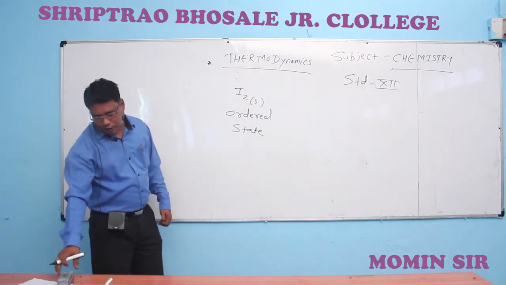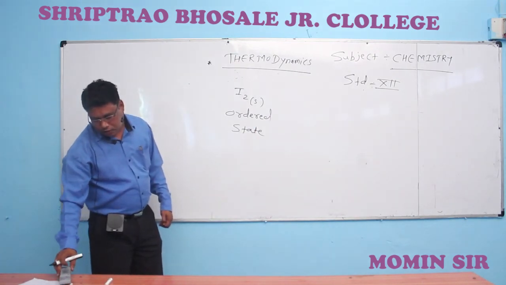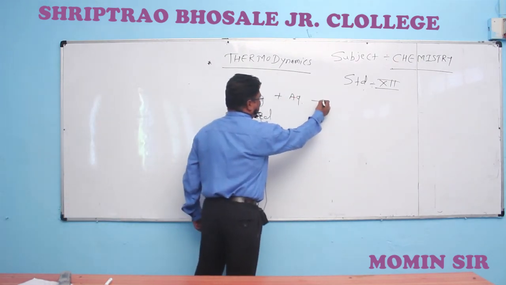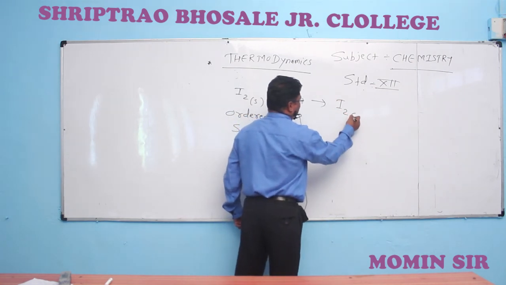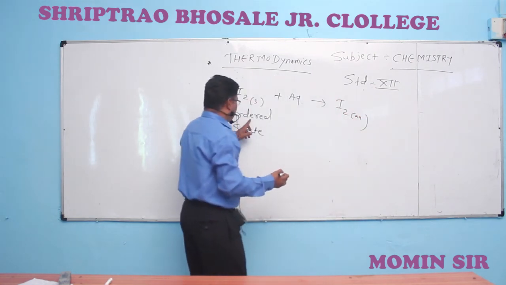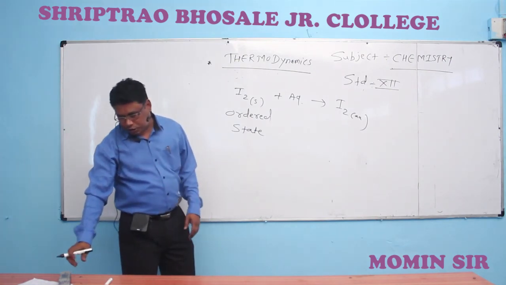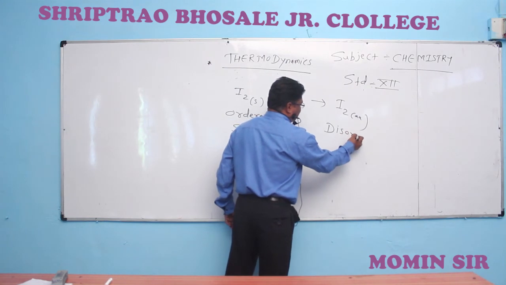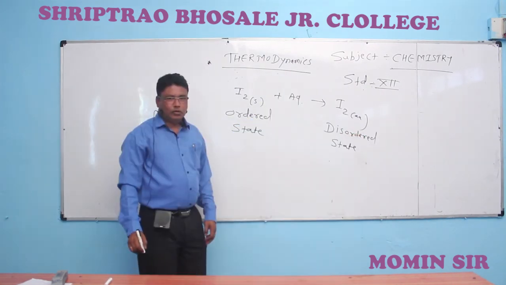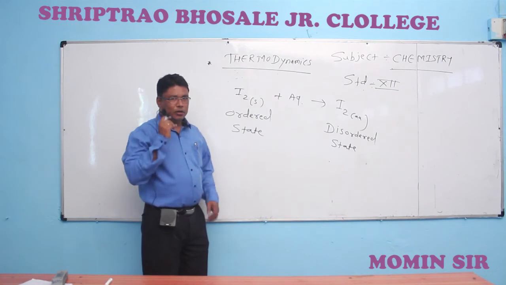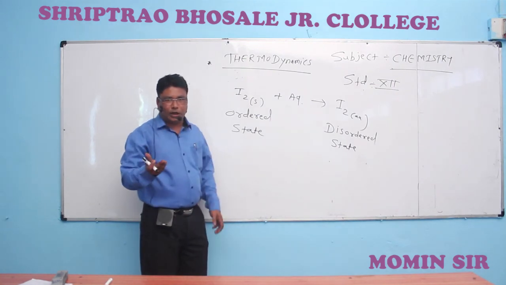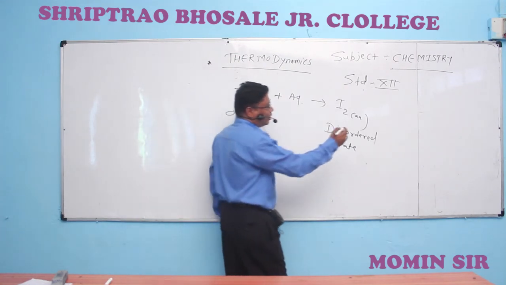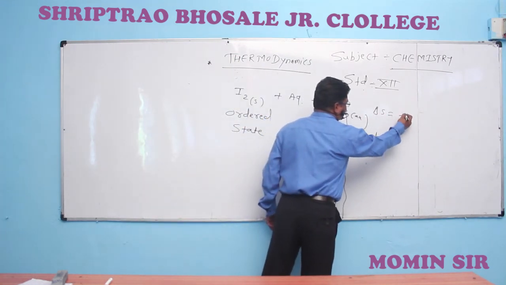When this iodine is dissolved in water, that means plus aq, what happens? I2 aqueous. Here the ordered state becomes disordered. Imagine what will be the value of delta S, whether it is positive or negative. Surely the value of delta S is positive, the change in entropy is positive.